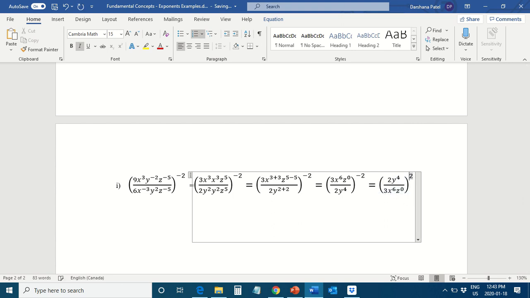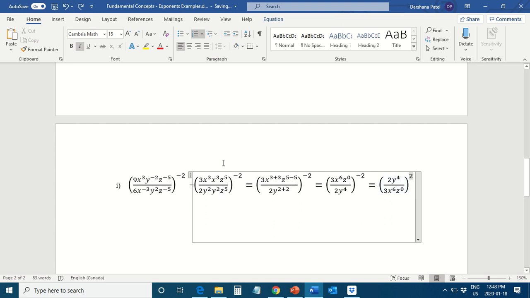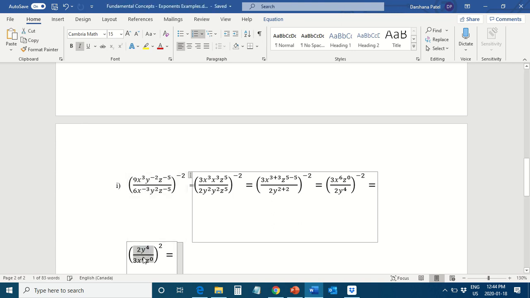Okay. And lastly, now bring the square in. Our final answer will look like, square inside the bracket. So 2 squared will give us 4.